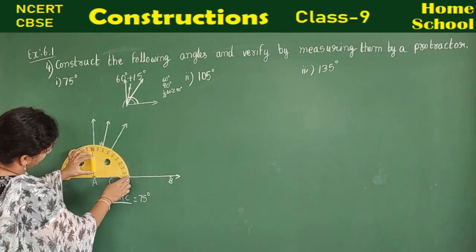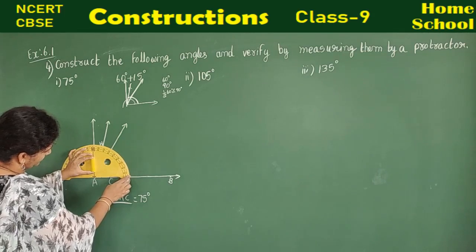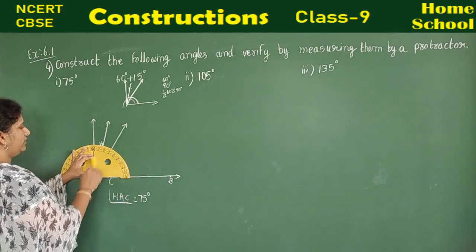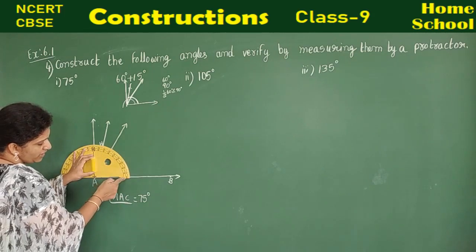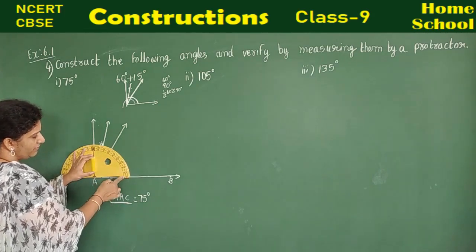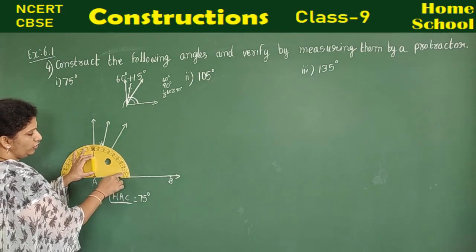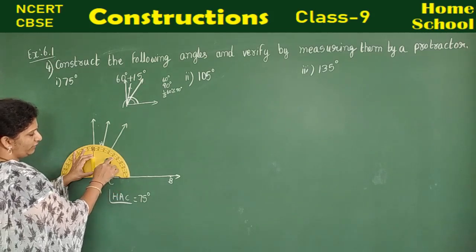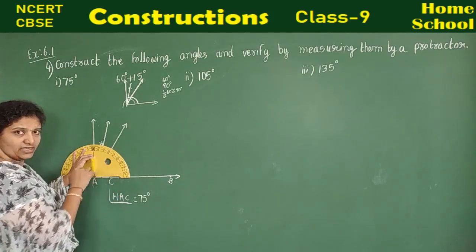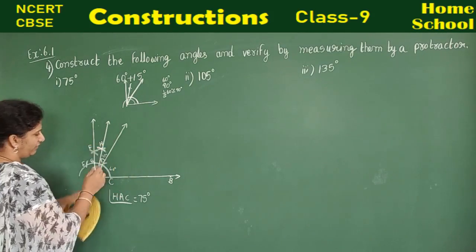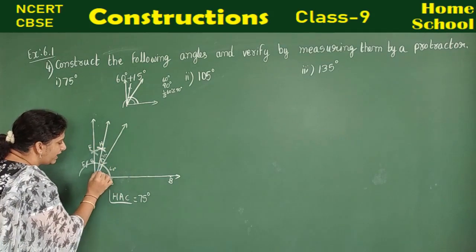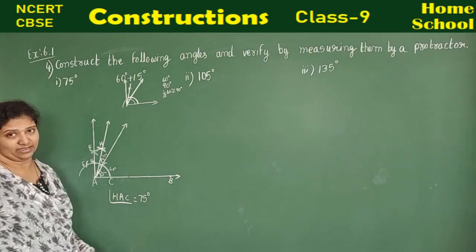And the arrow mark should be exactly on this. Okay, this is 90. Now you can see here carefully. From here you need to see the measurement. 0, 10, 20, 30, 40, 50, 60. Exactly 60 degree angle, 70, and this is 75. Therefore, the created angle is 75 degree angle.